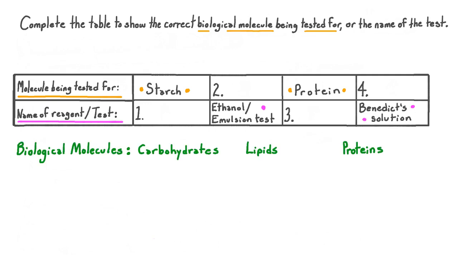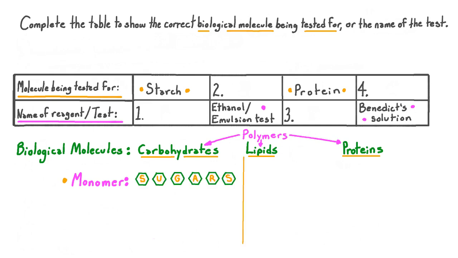Let's review 3 biological molecules common in both our food and our bodies: carbohydrates, lipids, and proteins, as we determine how we should fill out this table. These biological molecules are polymers, which means they're made out of many repeating similar units, and those units are called monomers.